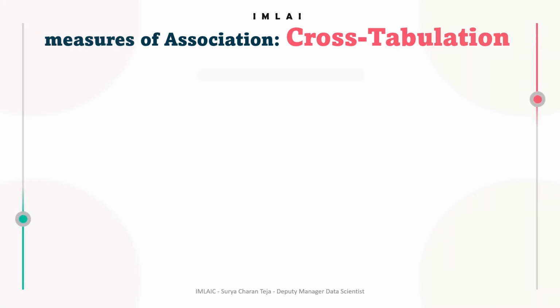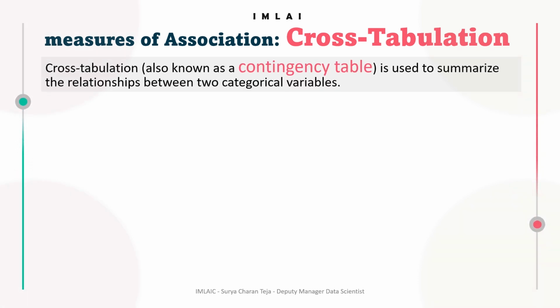Cross tabulation is also known as a contingency table. It is used to summarize the relationships between two categorical variables. Till now, we have tried to explore the association or relation between two continuous or numeric variables.